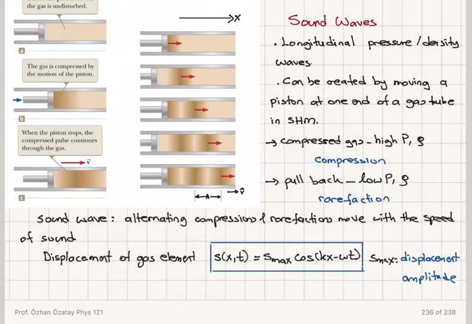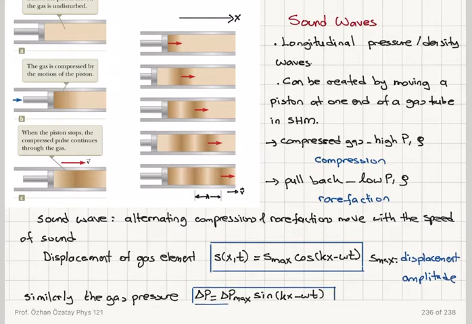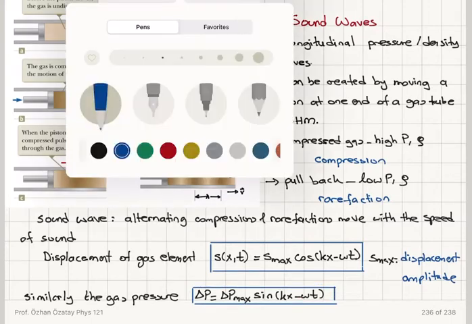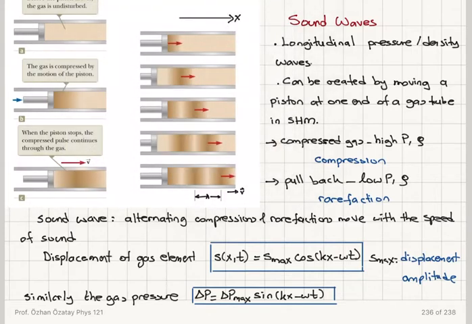And corresponding to this displacement of the gas elements, similarly, the gas pressure changes such that the change in pressure is a maximum change in pressure, delta P max, times sine(kx minus omega t). You notice that one is a sine and the other is a cosine, and we're going to see why in a moment.